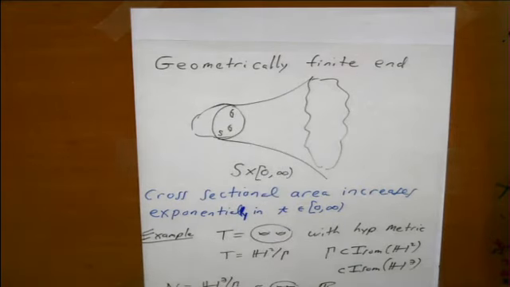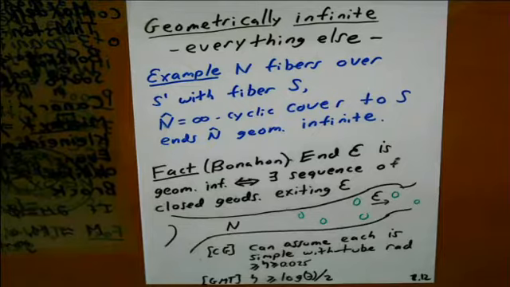And then there's everything else, which is known as geometrically infinite. As Dick mentioned, the canonical example of a geometrically infinite end is to take a manifold that fibers over the circle and take its infinite cyclic cover; the ends of this infinite cyclic cover are geometrically infinite.